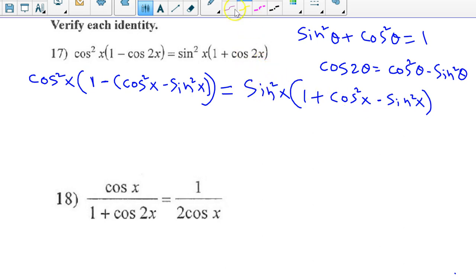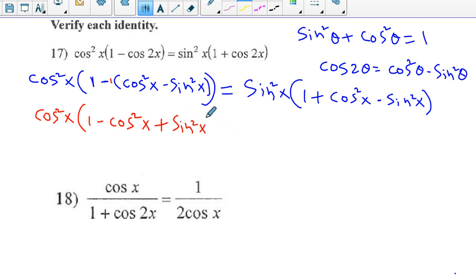Alright, let us use the distributive property. And first let me do this piece. Cosine square x times 1 minus, and removing the parenthesis, we can consider it as minus 1 times cosine square x, which is cosine square x, and negative of negative is positive sine square x.